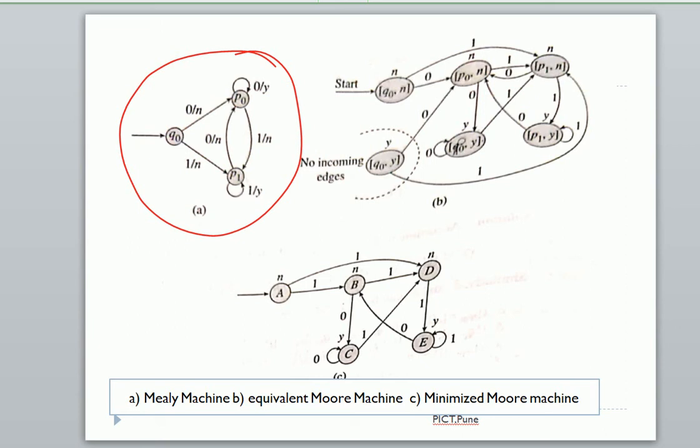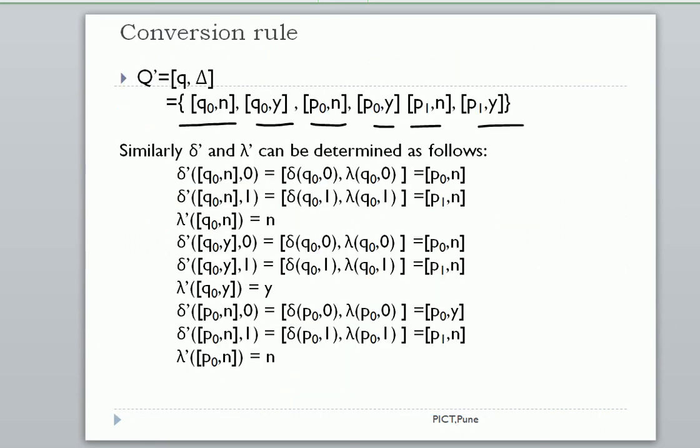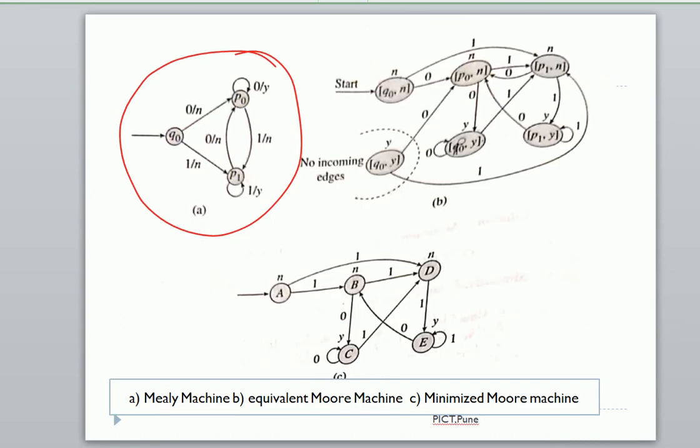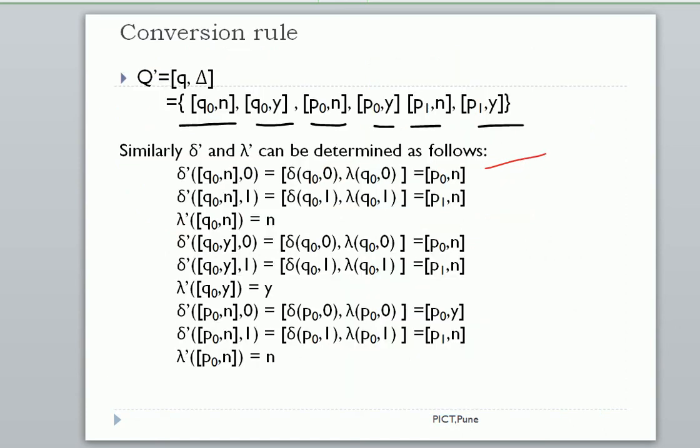By applying this rule, Q0 on 0, this is one state, so I will name it Q0N. Q0N is my state. P0N is one state. P1N, Q0Y, P0Y, and P1Y. So these are the states we are getting from what we have calculated.